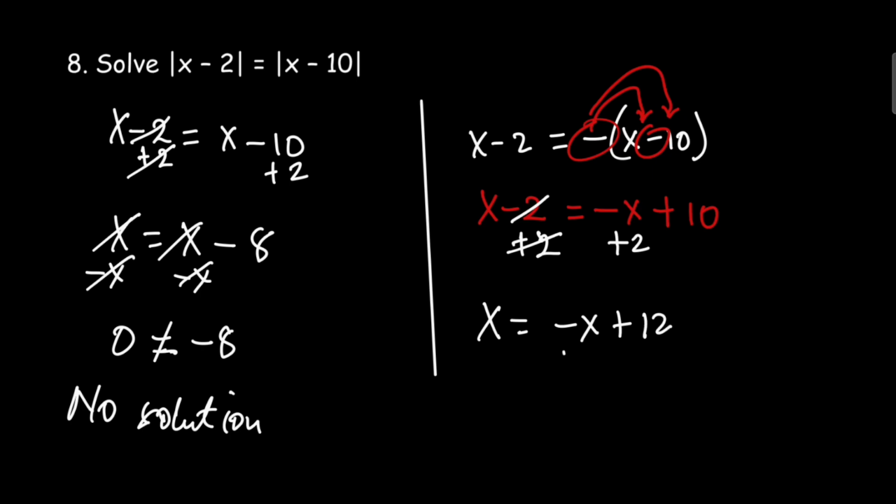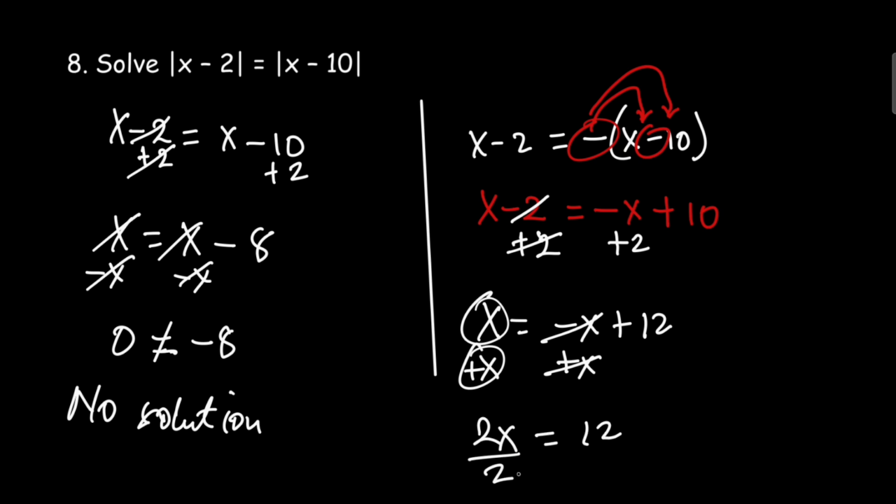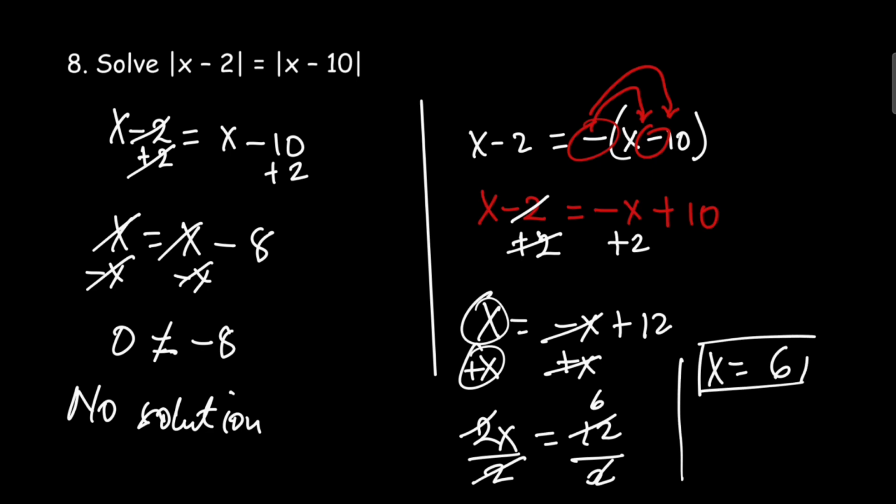I'm going to add x on both sides like this, so that this negative and this positive will go. I just want all the x's to be on the left hand side, so we have x plus x, which is giving us 2x, and this is equal to positive 12. Then from here we go ahead and divide both sides by 2, so that this and this will go, and 2 goes into itself 1 and goes into 12, 6 times. Therefore x is equal to positive 6.